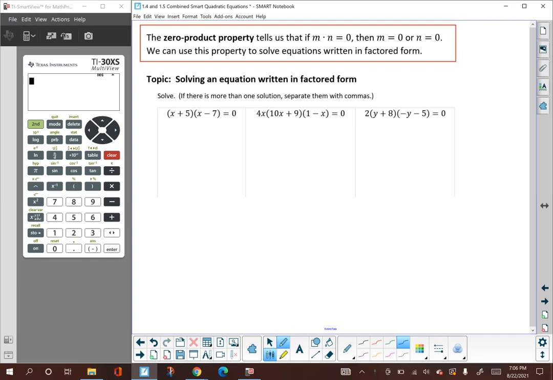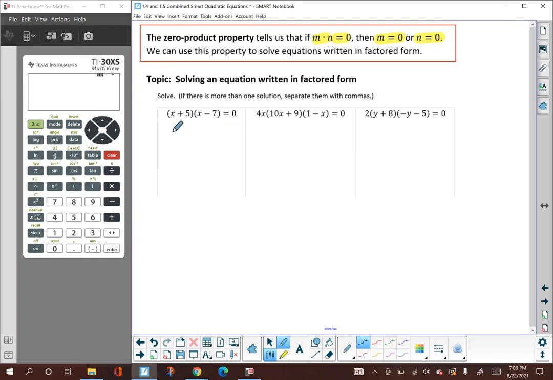So the zero product property tells us that if 2 things multiply together and are equal to 0, that there are 2 potential answers. Either the first one is equal to 0 or the second one is equal to 0. So we'll use that to help us solve these equations. So we've got a factor of x plus 5 multiplied by a factor of x minus 7.